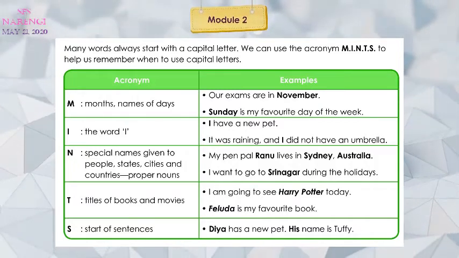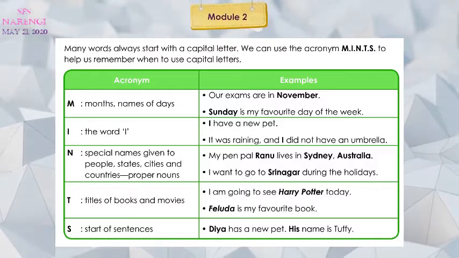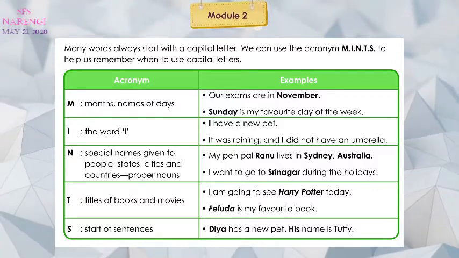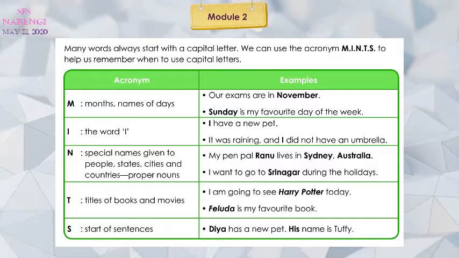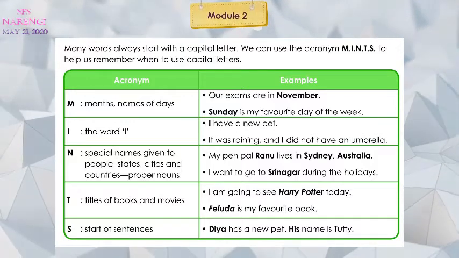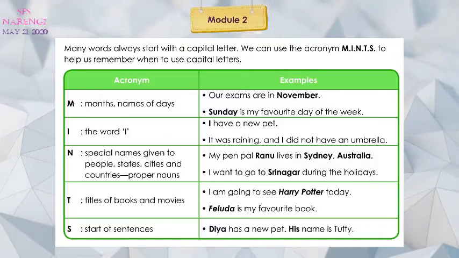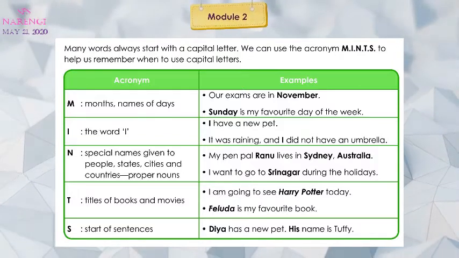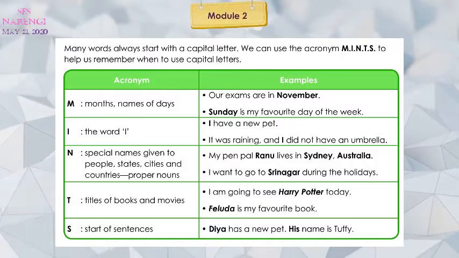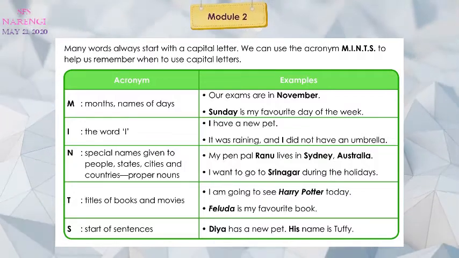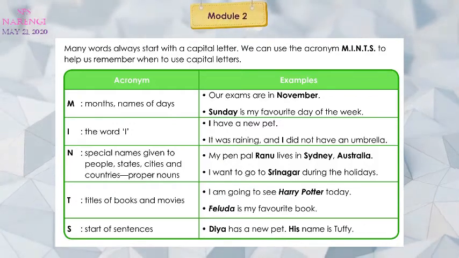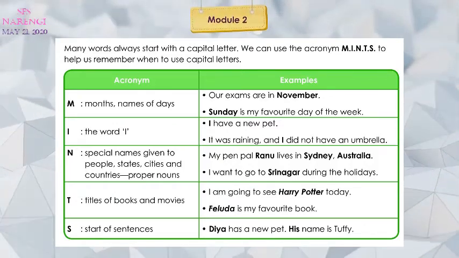But coming to the second sentence, it was raining and I did not have an umbrella. Can you see? I is in the middle of a sentence, but even so it is written as a capital letter. The word I is always written as a capital letter wherever it may be in the sentence. Coming to N.